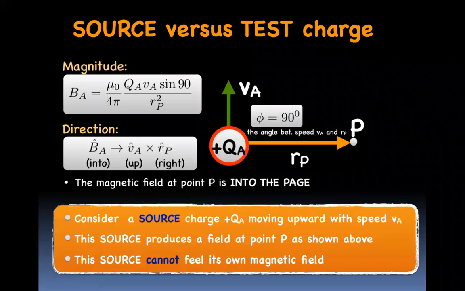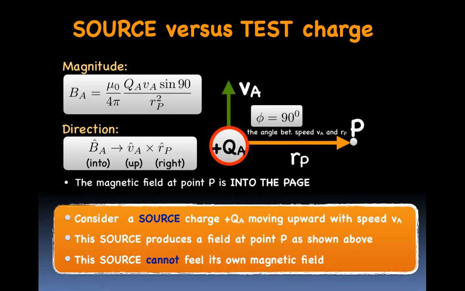Here we have a source charge positive QA. It produces a magnetic field at point P given by the magnitude mu naught divided by 4 pi times QA VA sine 90 divided by RP squared.